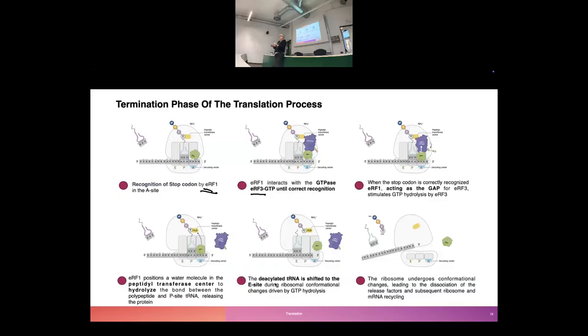And the interesting part is that both will interact until eRF1 is stably associated to the stop signal. Why that? Because there might be an association that would be a wrong one. It is because those stop codons are not that different from the coding ones. So there might be an association which is with two base pairings, but not with a third one.